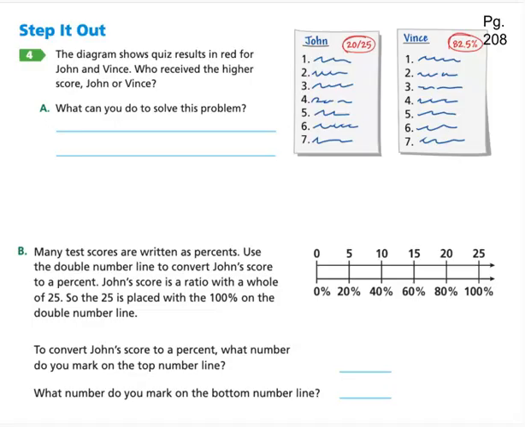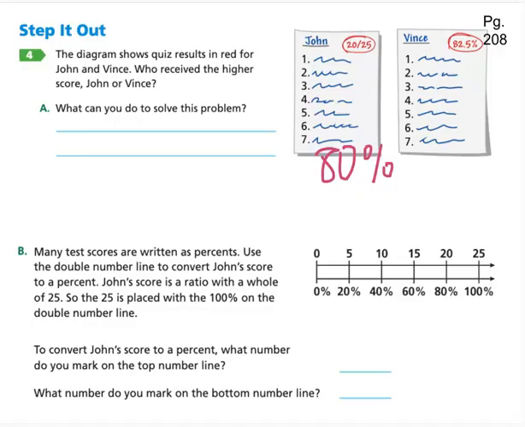So they have all the percentages. So 0, 20, 40, 60, and it shows you the number of questions that were on the test. So John actually had an 80%. You put your percentages along the bottom.